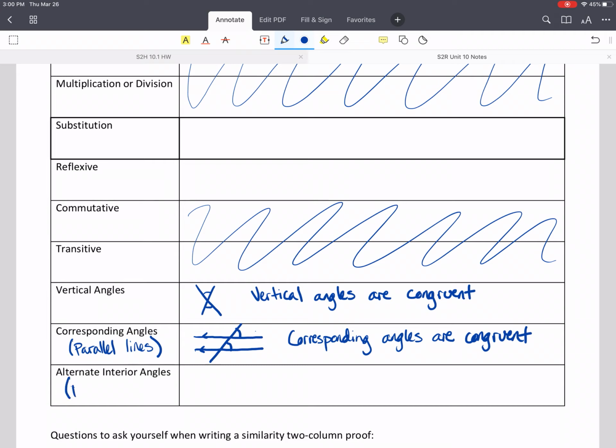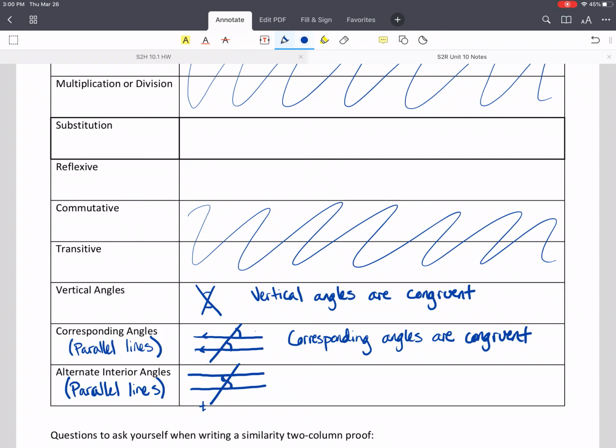Okay, and then we have alternate interior angles. This also happens with parallel lines. Same thing here. Alternate meaning they're on alternate sides of that transversal. This line that it's cutting is called a transversal. Alternate sides, interior meaning they're inside the parallel lines.